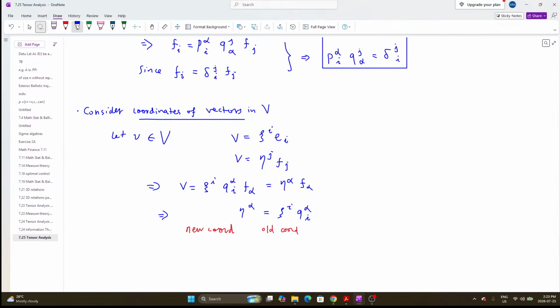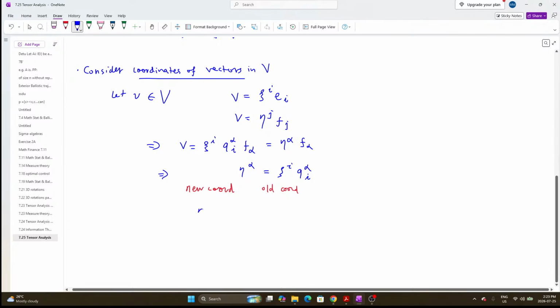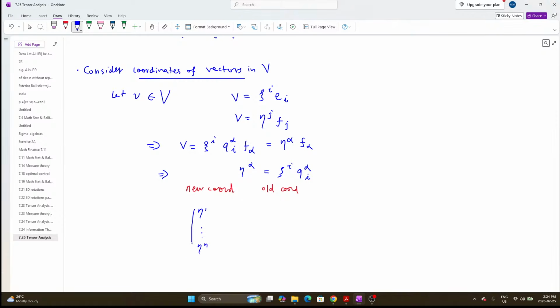Let's write it in matrix multiplication form. You have eta 1 all the way to eta n. Actually, before we do that, let's first take a look at the matrix Q alpha I. That would be Q11 all the way to Q1N.